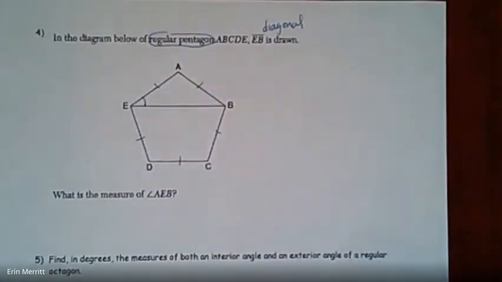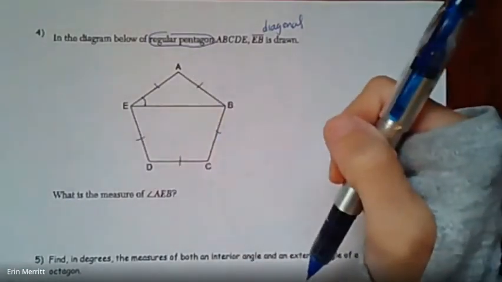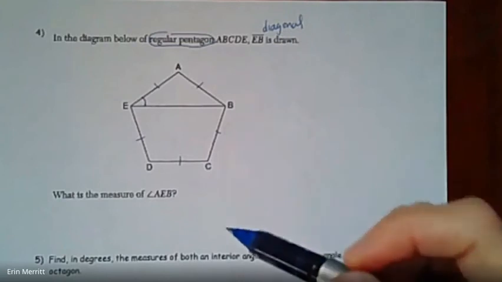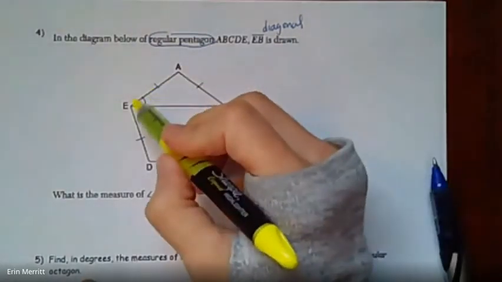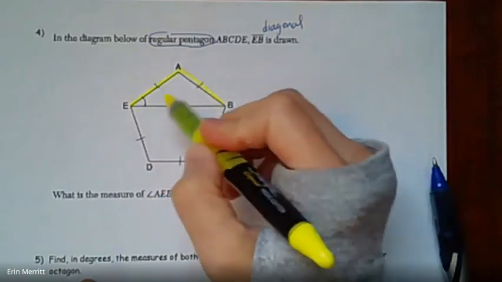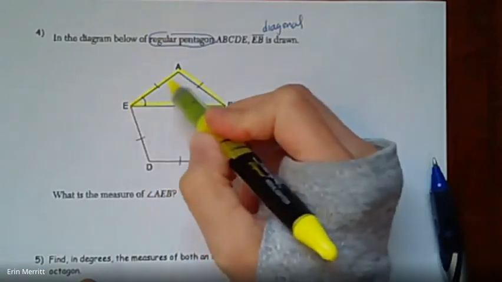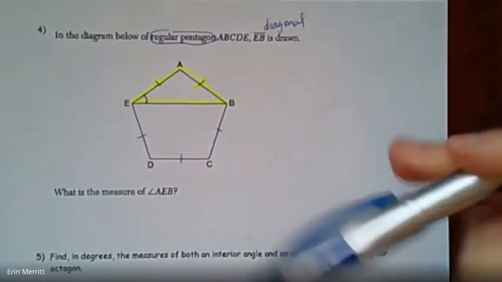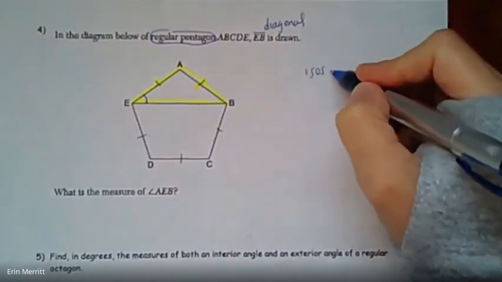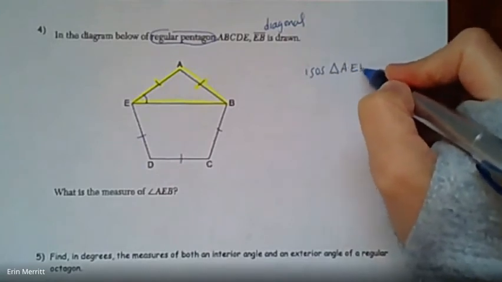The cool thing about this question is, I was going to say they're not asking you a ton about the pentagon, but they kind of are. But what they're hiding in here is, if I highlight by drawing that in, you have a little triangle right here, specifically a triangle where 2 sides are equal to each other, which means you have a little isosceles triangle, AEB.